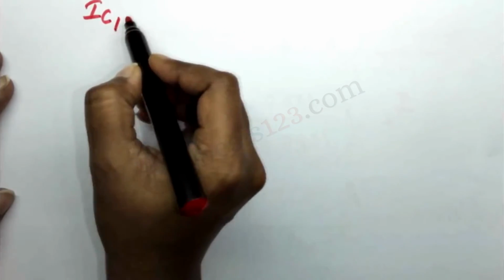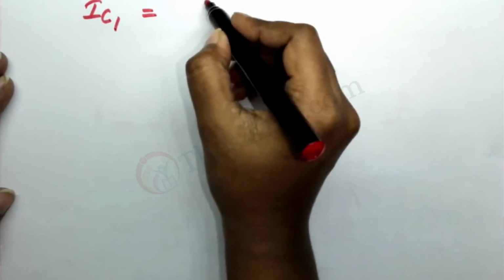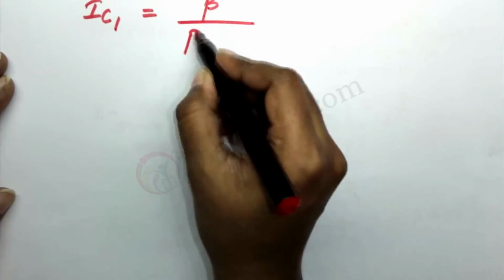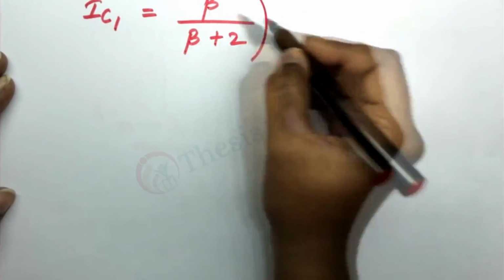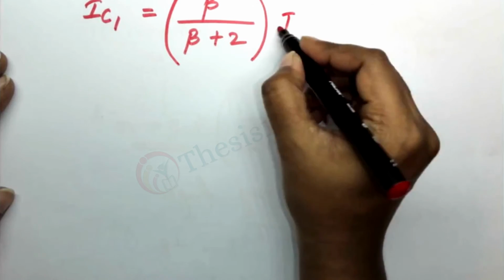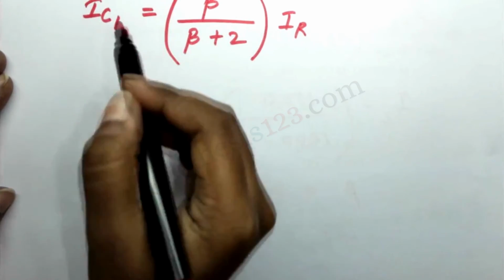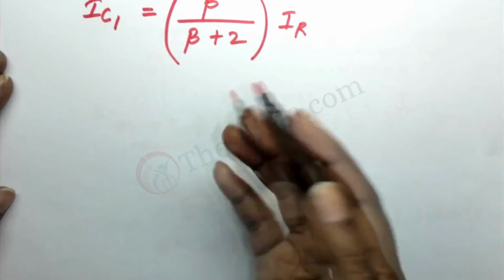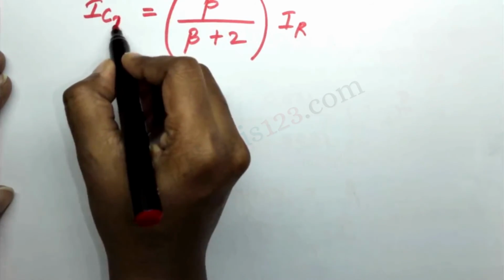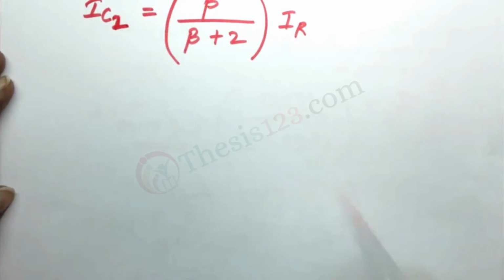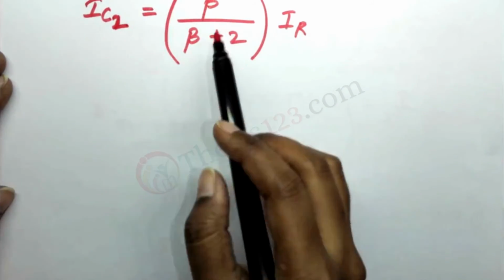That is written as beta divided by beta plus 2 into IR. For this specific circuit, to find out what is IC2, IC1 is anyway equal to IC2, so they are the same, okay? IC1 will be equal to IC2. So the formula is beta by beta plus 2 into IR.